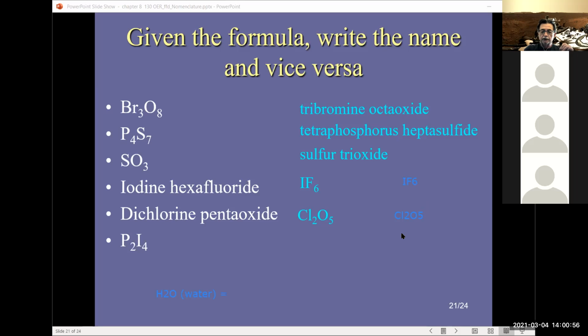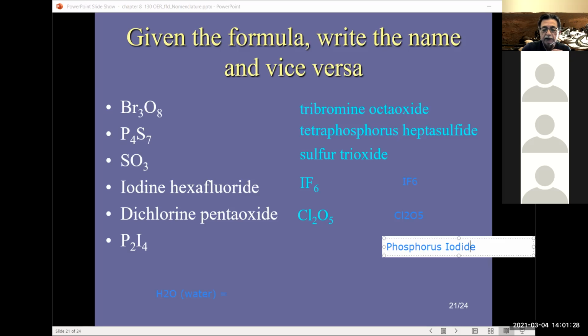And this one here, again, systematic approach. We got phosphorus and iodide. Phosphorus and iodide. That is our parent name.